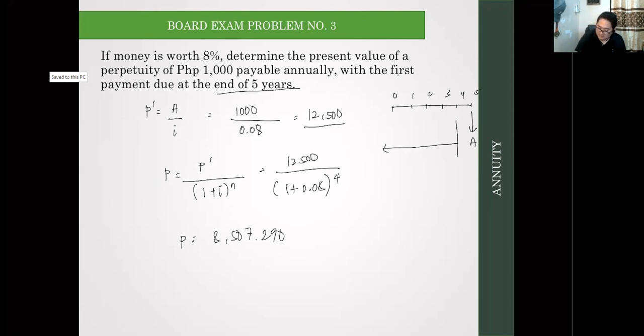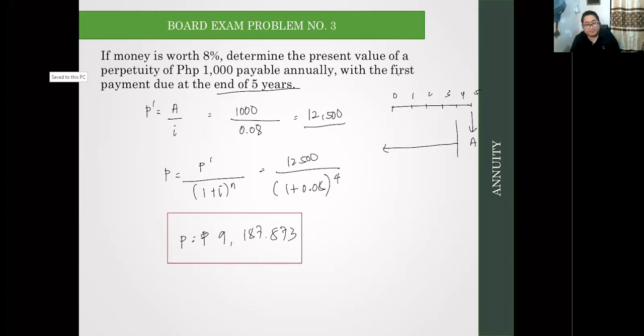Okay? So, this should be 9,187.873 pesos. So, this should be our present value for the first payment at the end of 5 years. Okay?